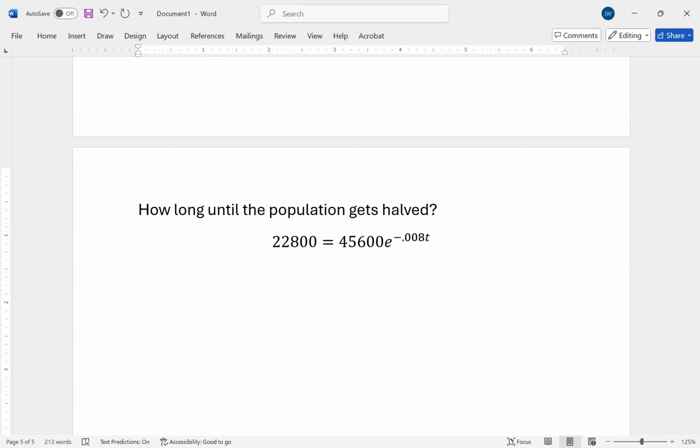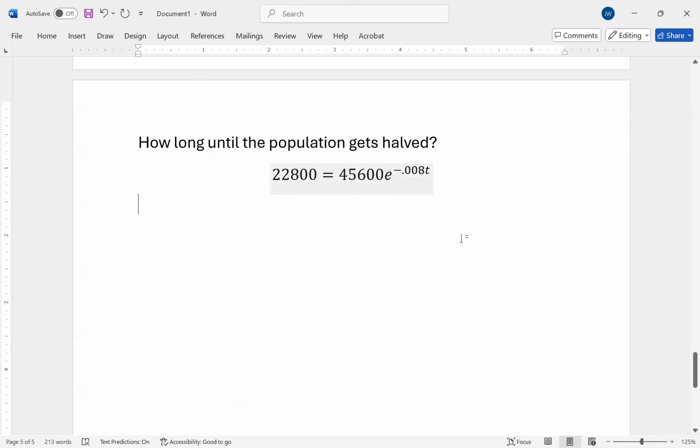Now, here's the nice thing. If you divide both sides by 45,600, you end up with a half on the left-hand side. And on the right-hand side, it's e to the power negative 0.008 times t. Notice that would have worked no matter what we started with. If I started with 45,600 and halved that, then I would have ended up here.